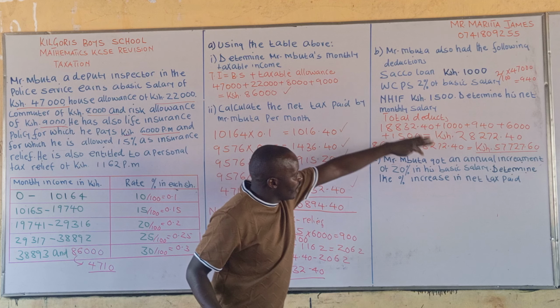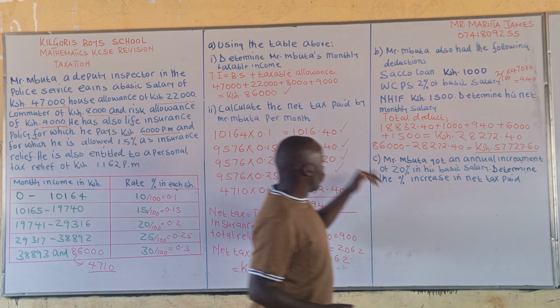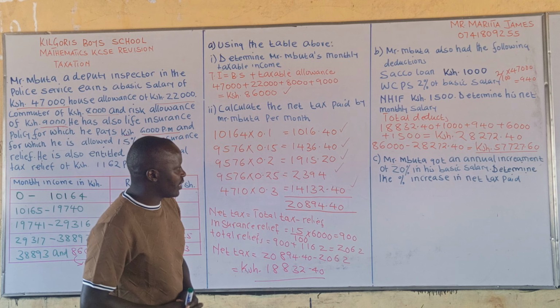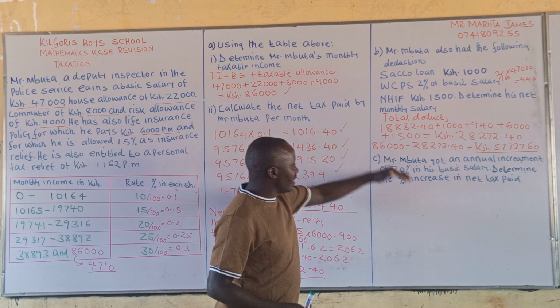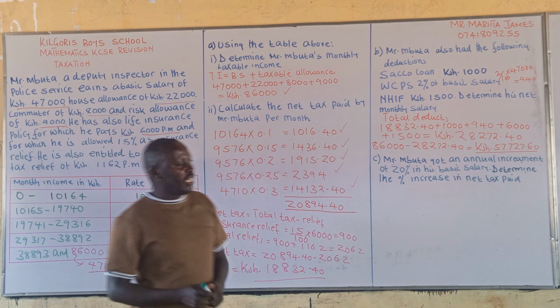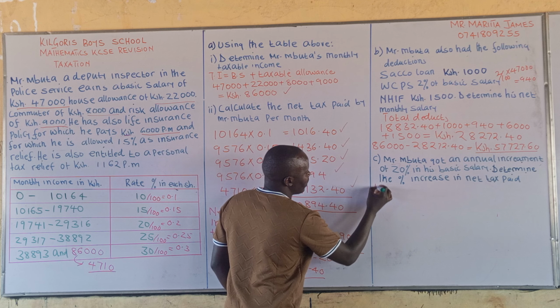Mr. Mbuta got an annual increment of 20% in his basic salary. Determine the percentage increase in the net tax paid. In this case, you need to have the new basic salary.